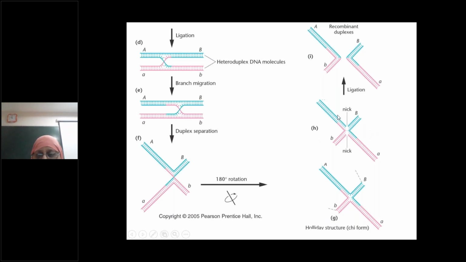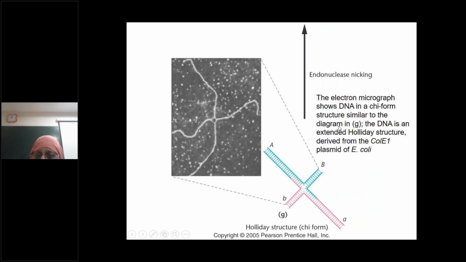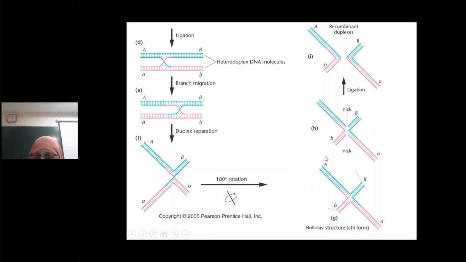It may be a horizontal nick, or a vertical cleavage may occur in this strand. So it will give rise to different types of recombinant duplexes. Either it may form this type of a duplex, or if it undergoes a horizontal cut, it may form two different types of duplex.